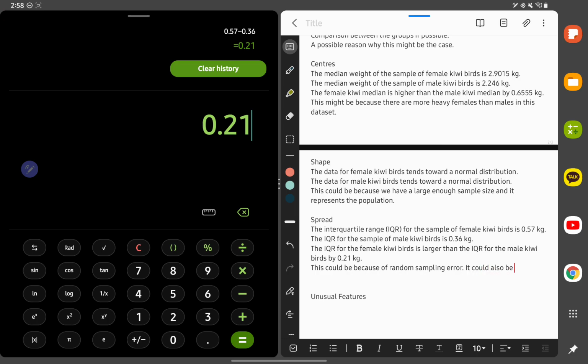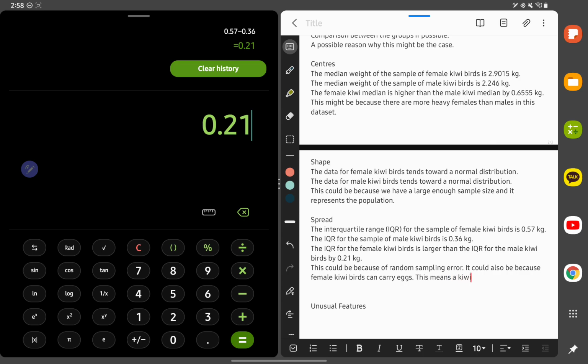It could also be, and I think I said this before, this is one example that we used, it could also be because female kiwi birds carry eggs, or we should say can. They don't all carry eggs all the time.